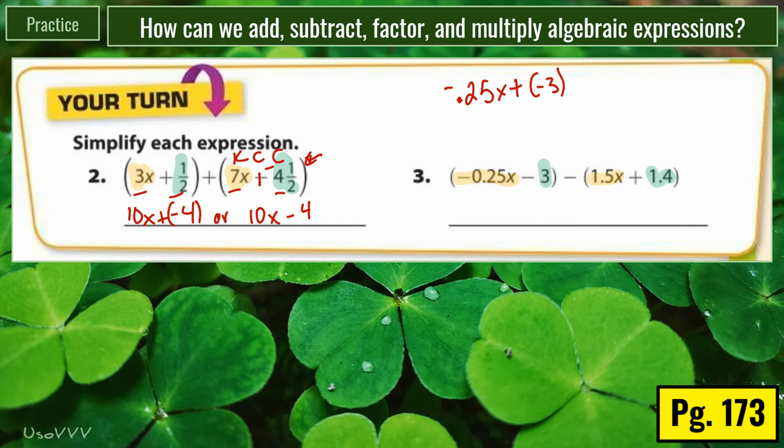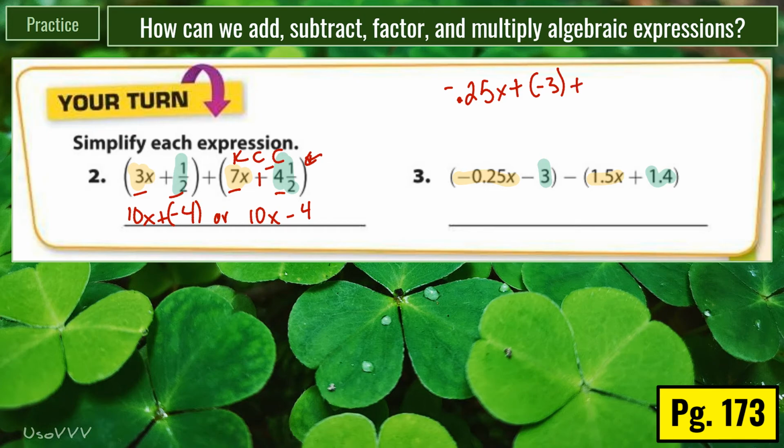Now, the second part can be a little tricky. Since we're subtracting and parentheses, what it's saying is we're subtracting all of this. We're subtracting each of these things. So what this is really saying is that we're subtracting 1.5x and we're subtracting 1.4. So I can rewrite that. I can keep, change, change.